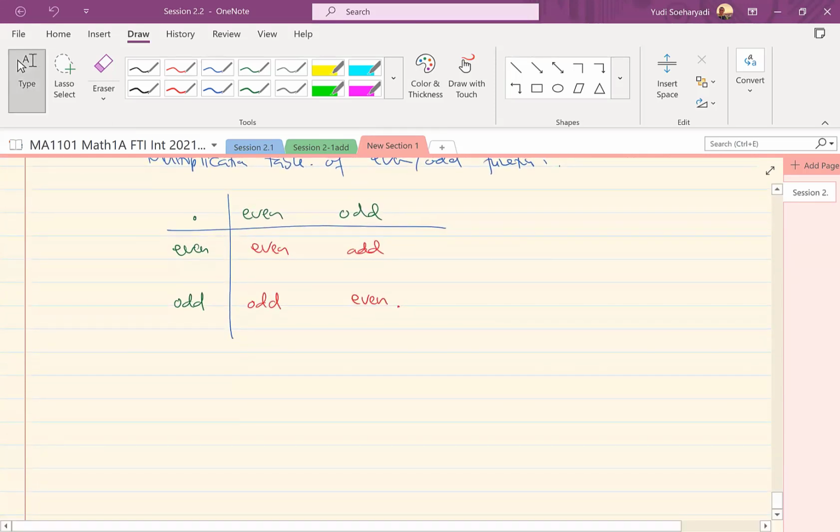And what about with additions? Well, if f is even, g is odd. For example, what about f plus g?